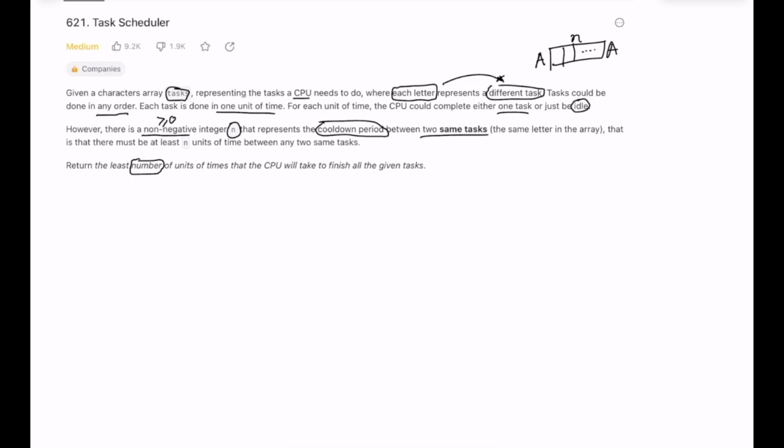Please note, we just have to return the number of units of time. We don't have to return the order in which the CPU executes these tasks.